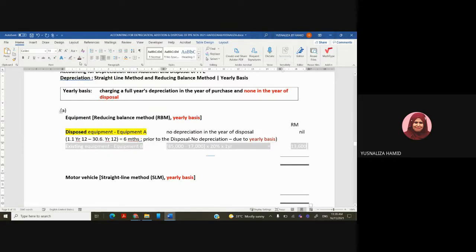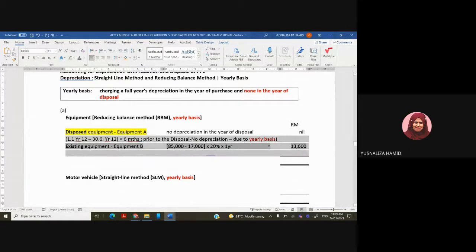How much? It would be based on the reducing balance method, which is 85,000 the cost minus accumulated depreciation 17,000, times 20%, times 1 year. Existing equipment B was from the previous list.